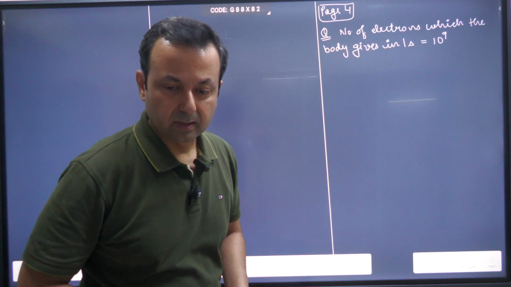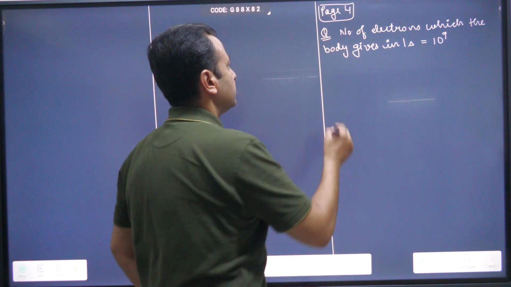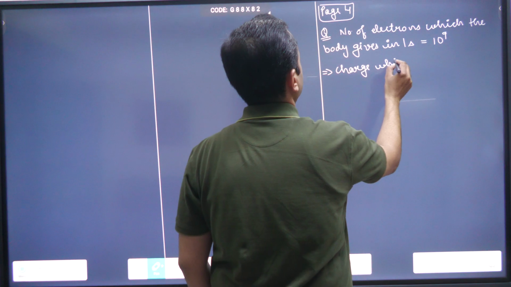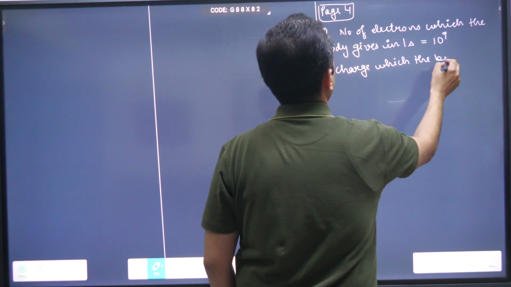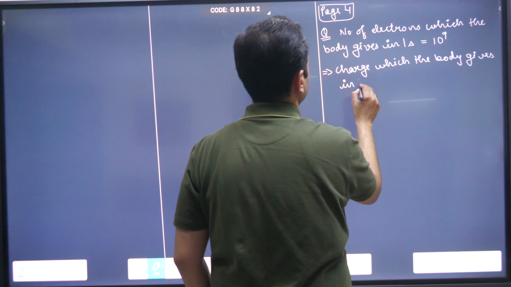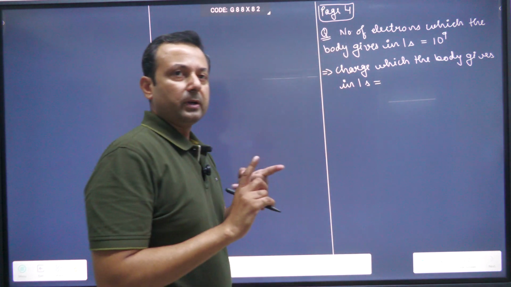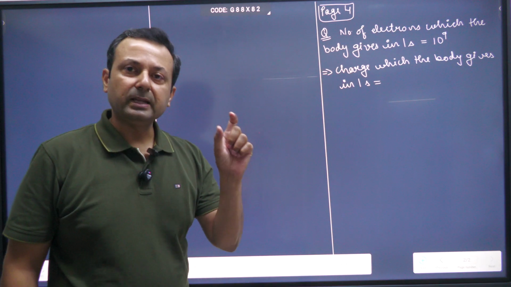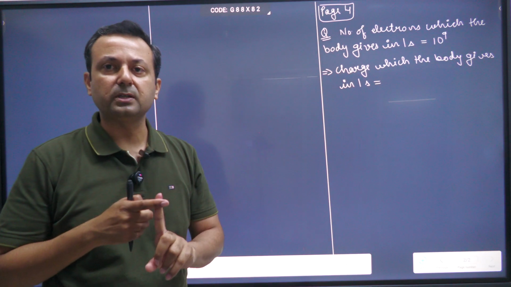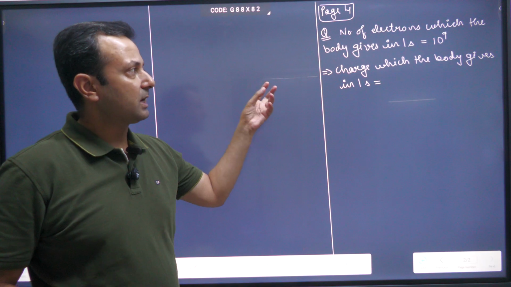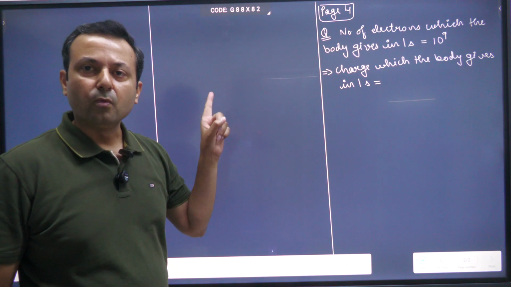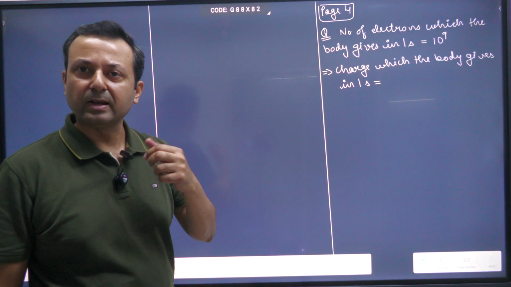It means that the charge which the body gives in 1 second is, okay, in 1 second the body gives 10 to the power 9 electrons, and we know that the charge on 1 electron is 1.6 into 10 to the power minus 19.